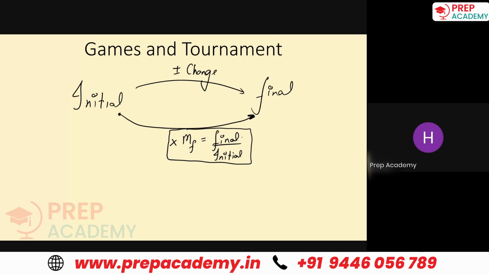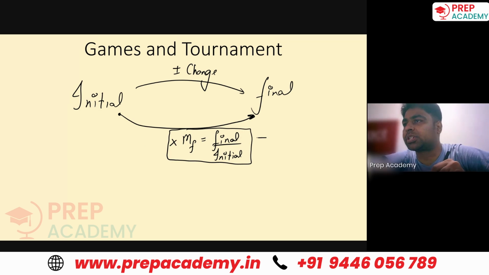Yes, sir. The final thing denotes where my arrow is pointing. The initial thing denotes where it is starting. The concept is called multiplying factor. Clear? Can we move ahead? Yes, sir.